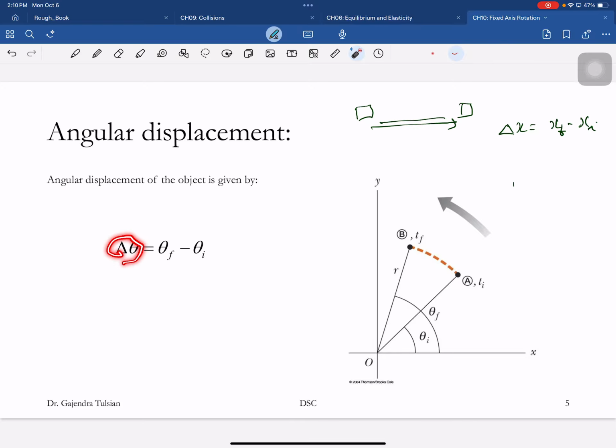So the angular displacement is given by theta final minus theta initial. The formula is very similar. Now this is just a technical detail you would need to know if you're a physics major: it turns out that this is not a vector, except for infinitesimal quantities. But we won't worry about that.